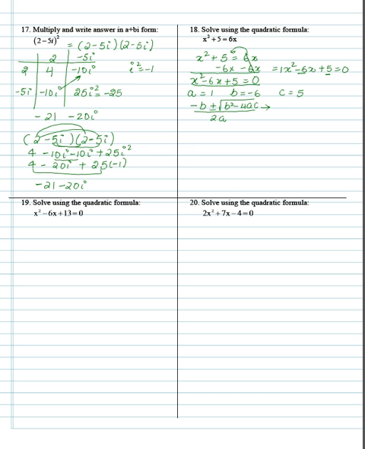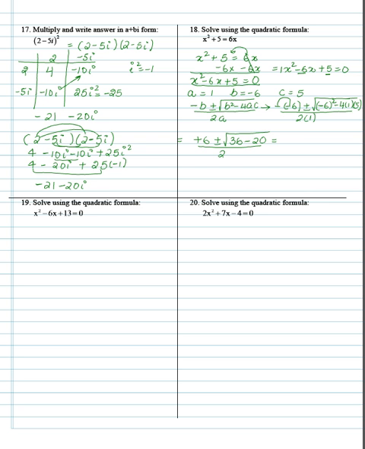So when I plug in, I have negative of negative 6 plus or minus the square root of negative 6 squared minus 4ac over 2 times a. So I have negative of negative 6 becomes a positive 6 plus or minus negative 6 squared is 36 minus 4 times 1 times 5 is 20 over 2.